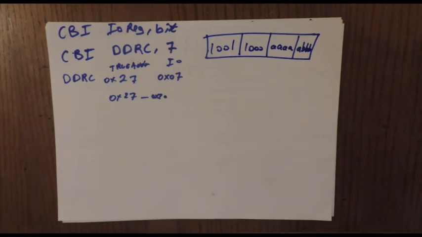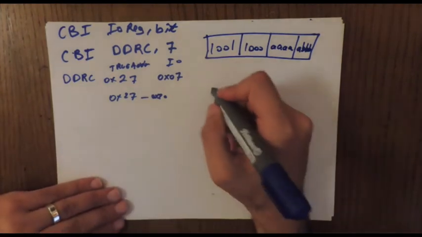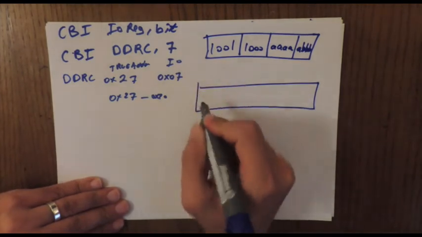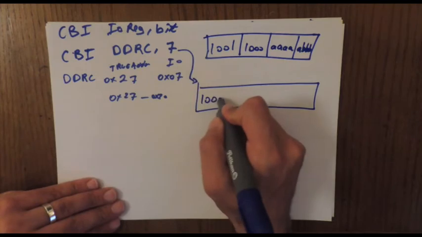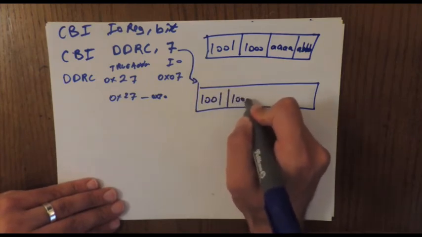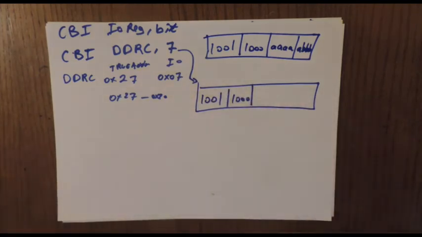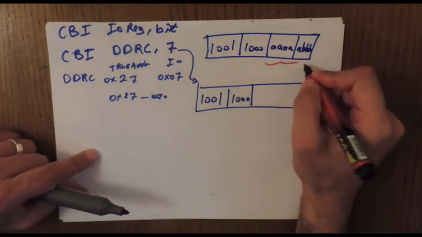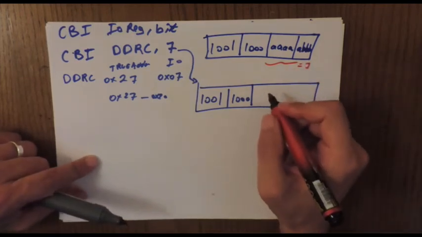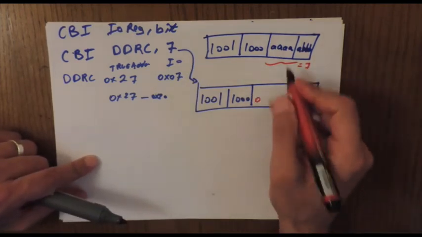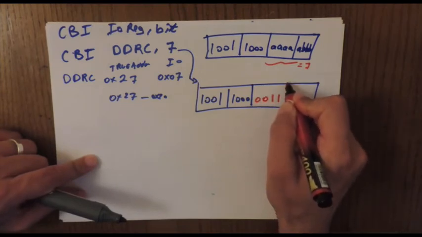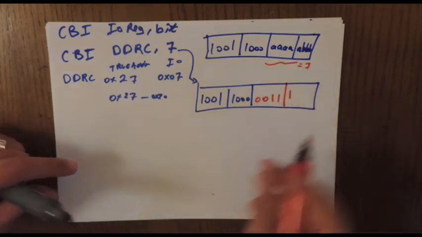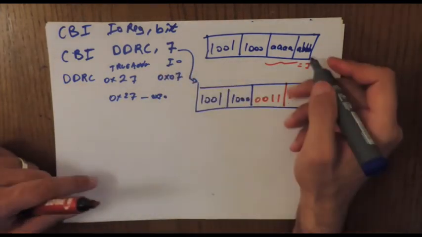So now if you want to place the value again, this time for the case of DDRC, 7, so we have 1001. This is the opcode, of course. Now first we place the A's. In this case the A's will be equal to 7, so we have 0, 0, 1, 1, 1, and also here we have 7 for the B's.